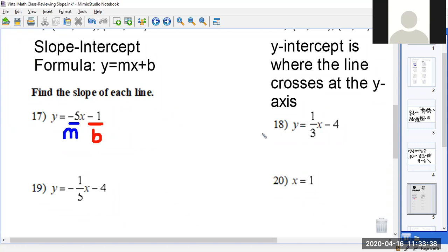All right. So now if my class can take the mute off their mics, I want to see if we can go over number 18, 19, and 20 together. Number 18. Which number represents the slope?